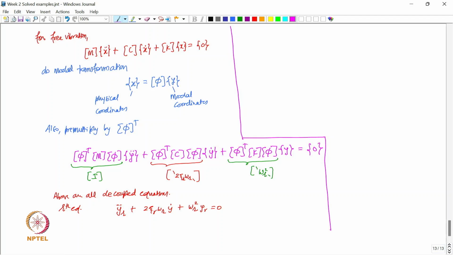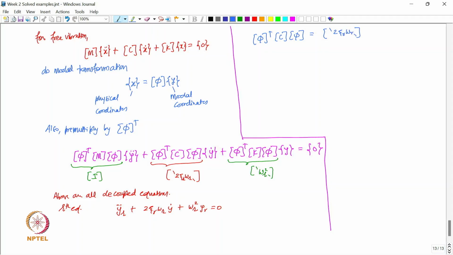So, therefore, from here what do you get? If you look at this again, we have phi transpose C phi is equal to 2 zeta r omega r, correct.